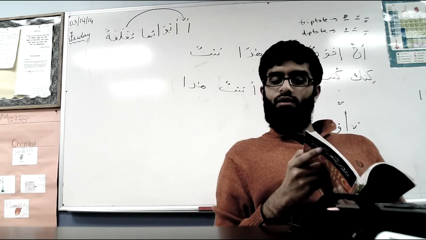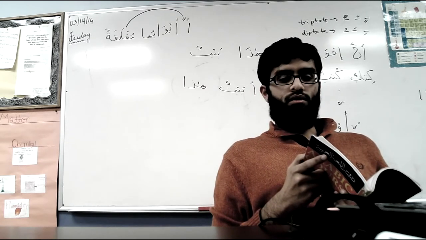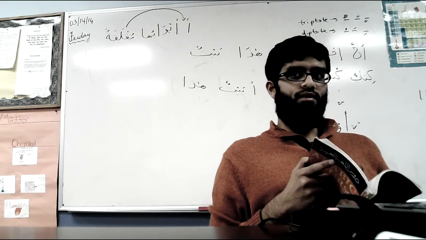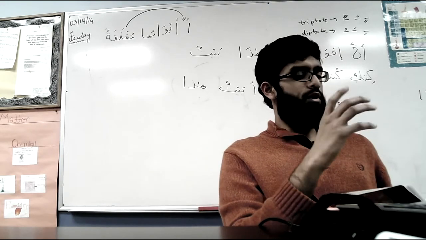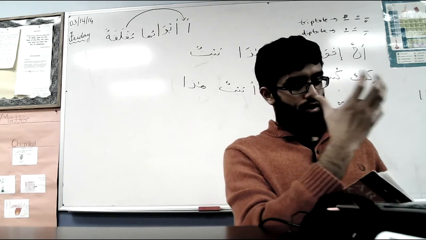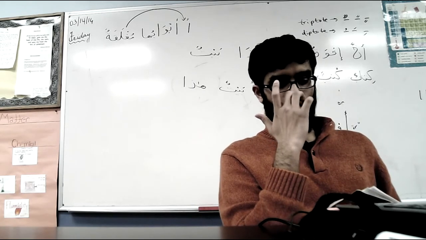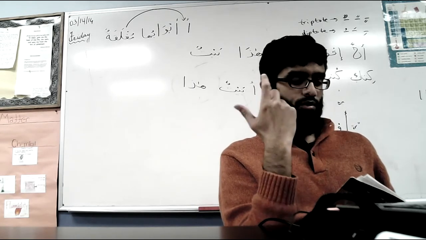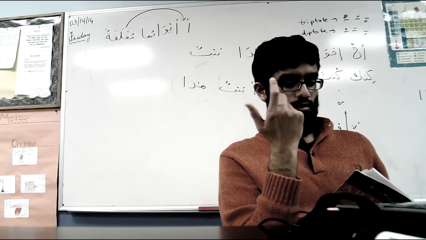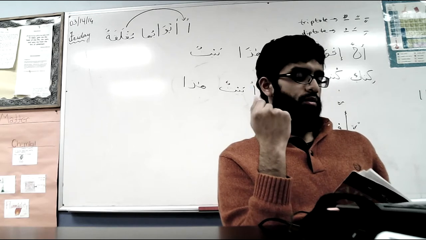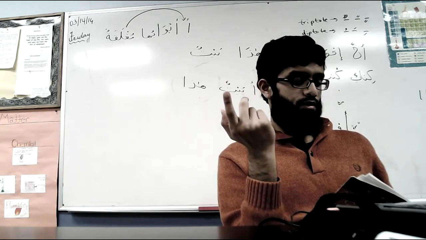What does that mean? Tabib, doctor, right? So Hamidun Tabibun, you have your subject and your khabar, right? Mubtada, khabar. Hamid is your mubtada, Tabibun is your khabar. And they're both triptoed or diptoed? Triptoed, right? They both have tanween. All right, next sentence.